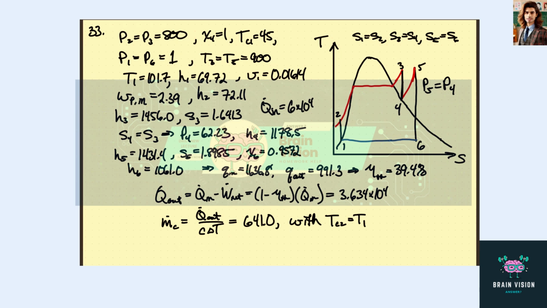I was wondering how we got that. Although we don't know the mass flow rate in the cycle here. I was going to say we should be able to get that from here, but we don't know what m dot is. So we could then get m dot now that we know the specific Q in and the power in.